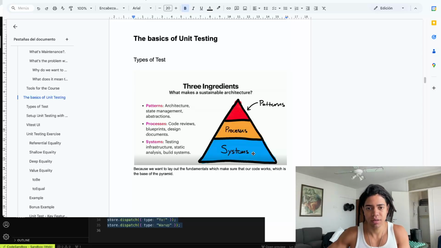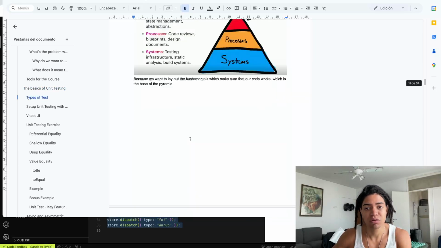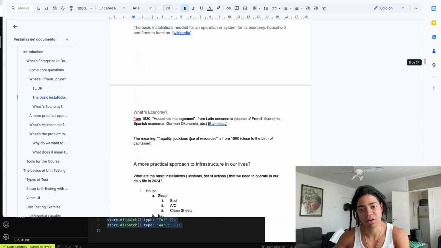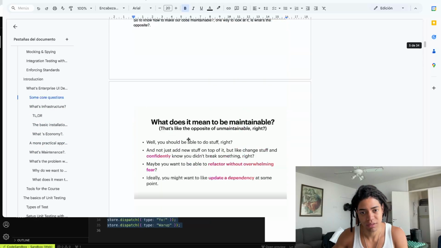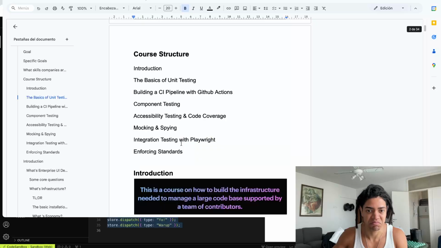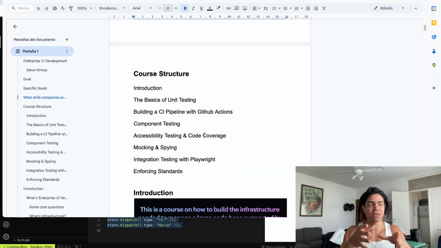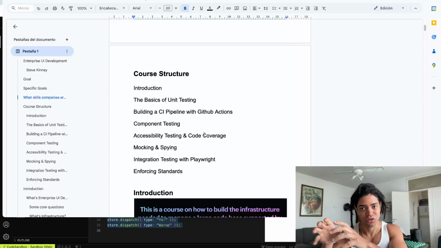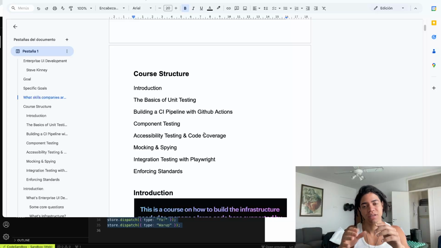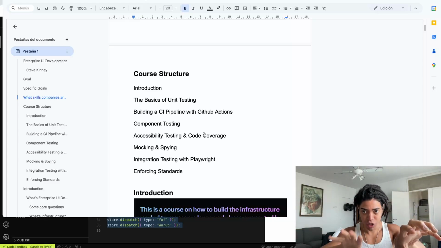So that's why we also look at the components of a well-architected UI, all right. The idea here is that you have your testing system, testing infrastructure, the build infrastructure, the static analysis, and in terms of the UI, you separate the business logic from the UI logic.